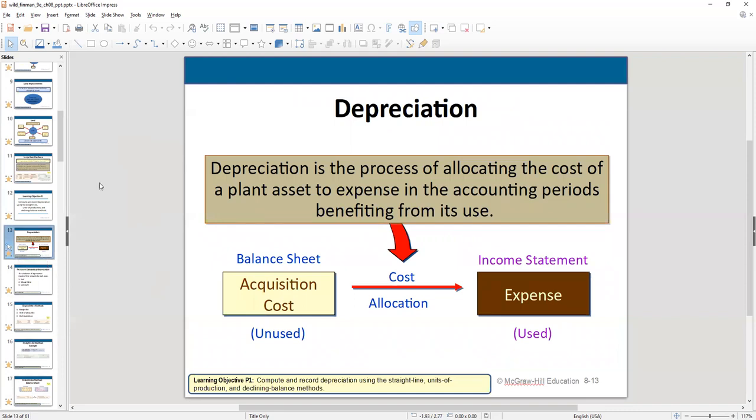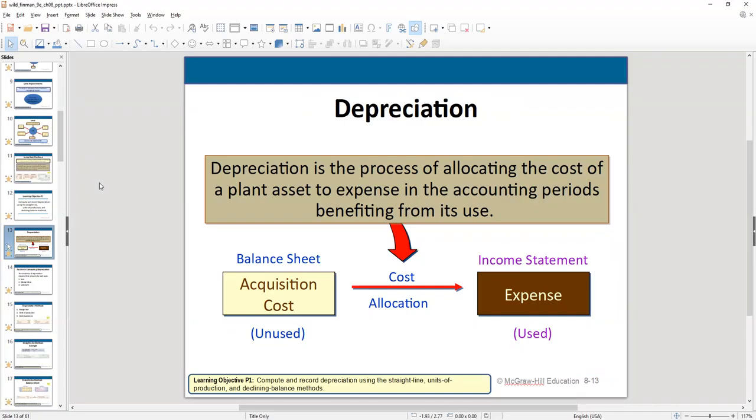Now, there are different forms of depreciation. Again, the best way to think about depreciation is that we've got to spread the cost of this item over its useful life, because we have to match our expenses with the revenue it produces. If you're buying a $40,000 van and writing it off in the first year, and that van has a useful life of 5 years, you're not matching the cost of that van against 5 years of revenue, are you?